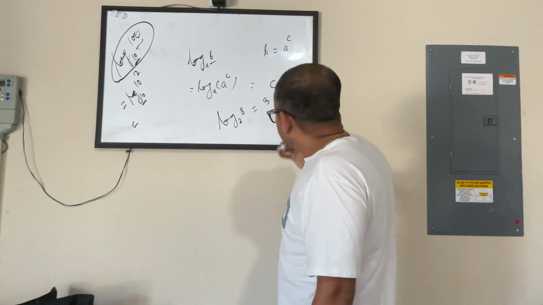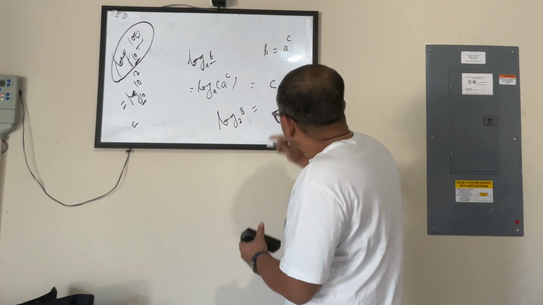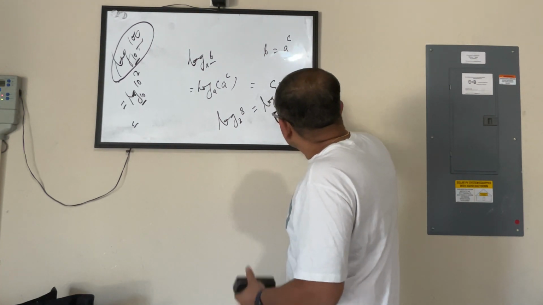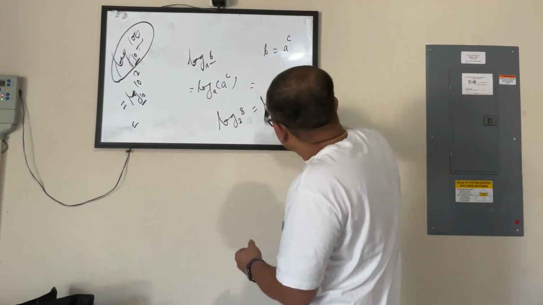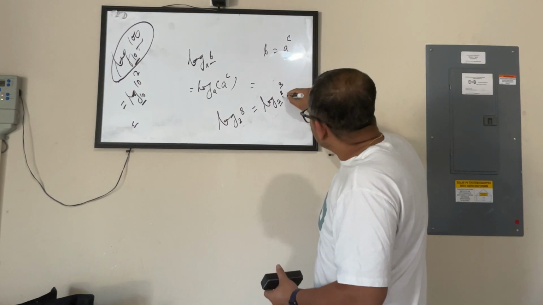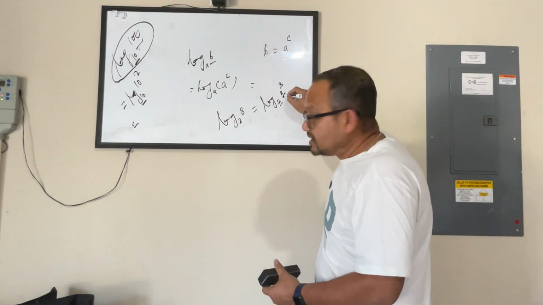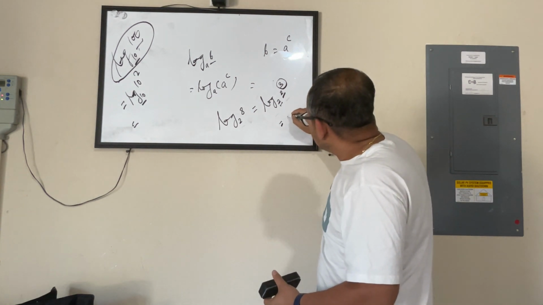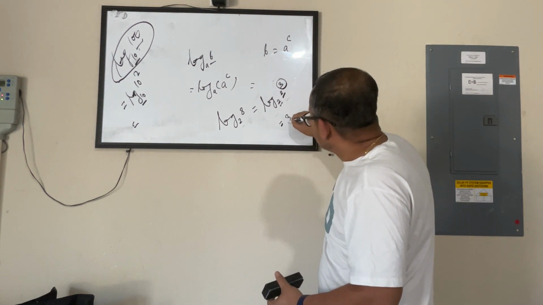So the answer will be 3. Or you can say, you have to get to a stage where you can say 8 is equal to this. So when you see this and the exponent matching, you only look at the exponent and that is your answer.